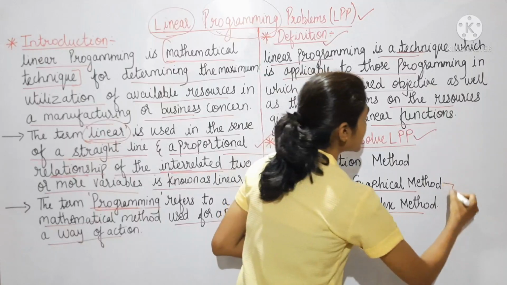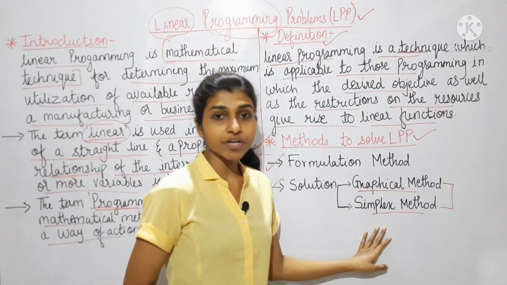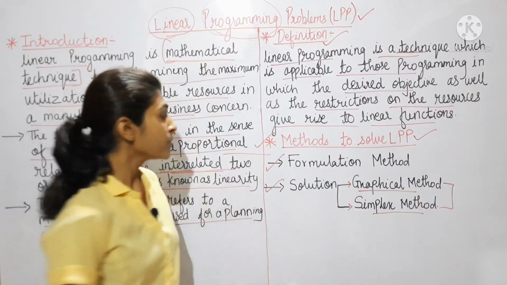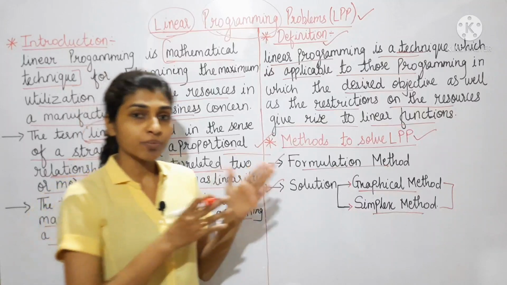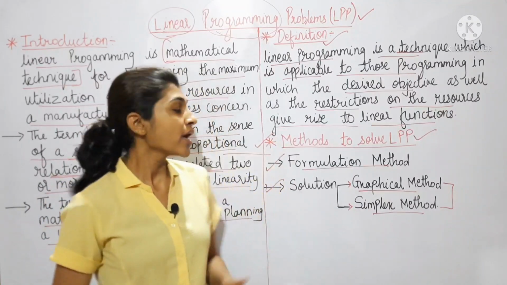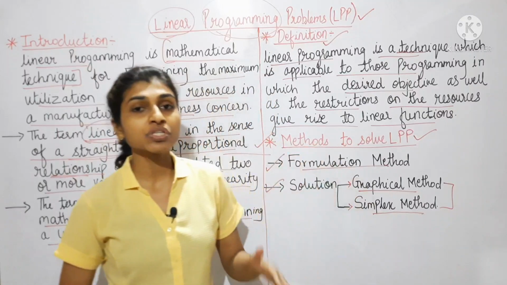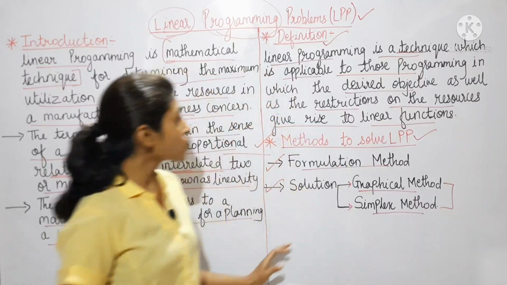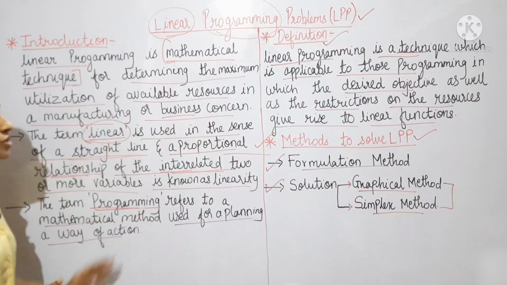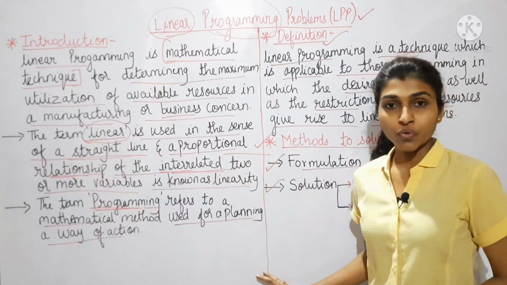In the graphical and simplex methods, the equation is solved with the help of a graph paper. So this is the introduction of linear programming problem. Copy down in your notebook.